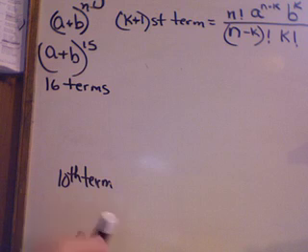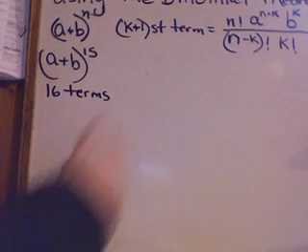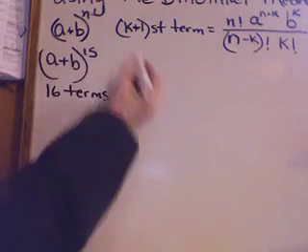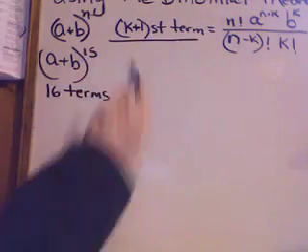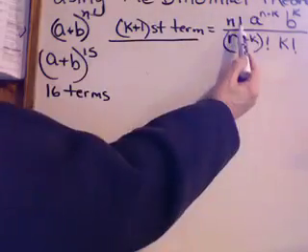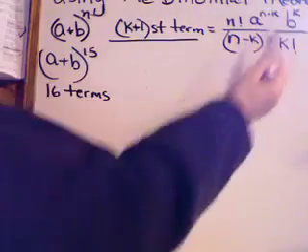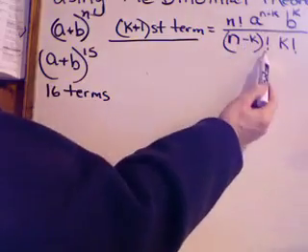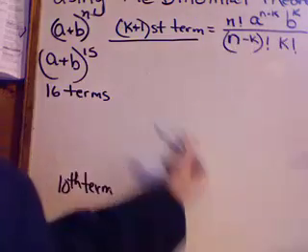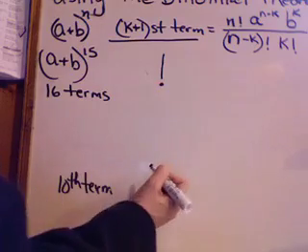Okay, so now what I've done here is I've written up the binomial theorem and how to use it to find the 10th term. And basically, if I want the k plus first term, I use this pattern, n factorial over a to the n minus k, b to the k over n minus k factorial times k factorial. And I just realized you guys don't know what factorial means, so let's do that first.